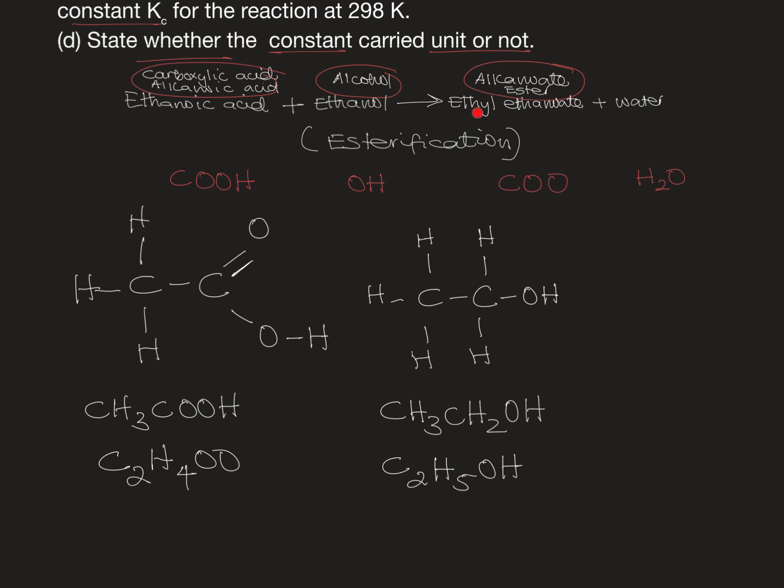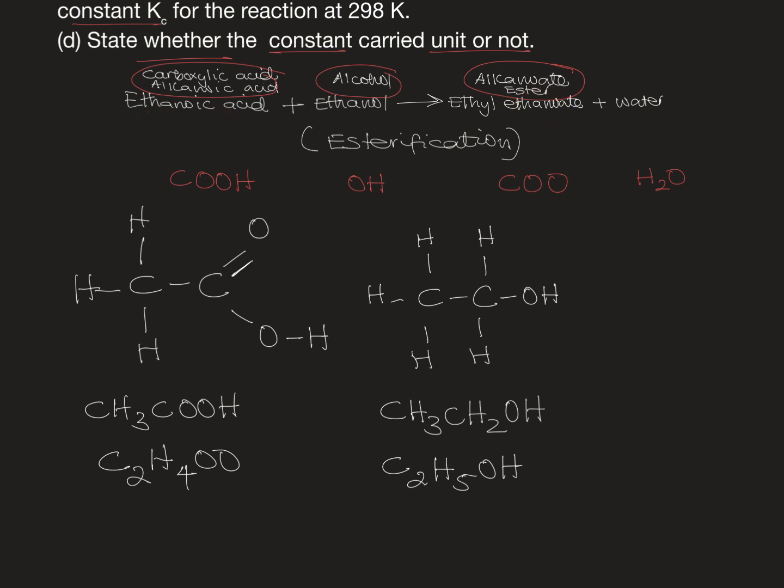Because if you look at the name ethyl ethanoate, you have two structures, ethyl and ethanoate. So you have an ethyl group and then you have an ethanoic. So the ethyl group comes from ethanol, the ethanoate comes from the ethanoic acid.